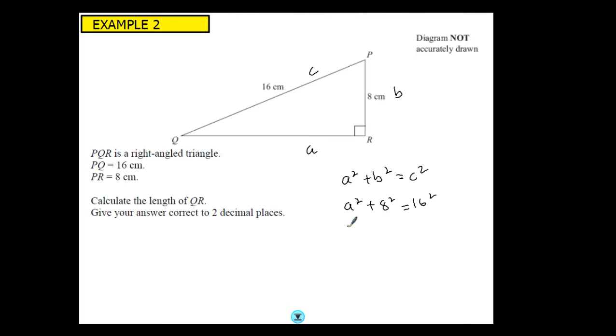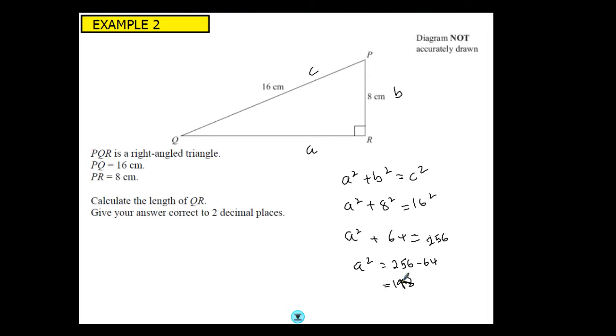So putting those numbers in, we've got A squared plus 64 equals 16 squared, which is 256. So A squared equals 256 subtract 64. So 256 subtract 64 is 192.